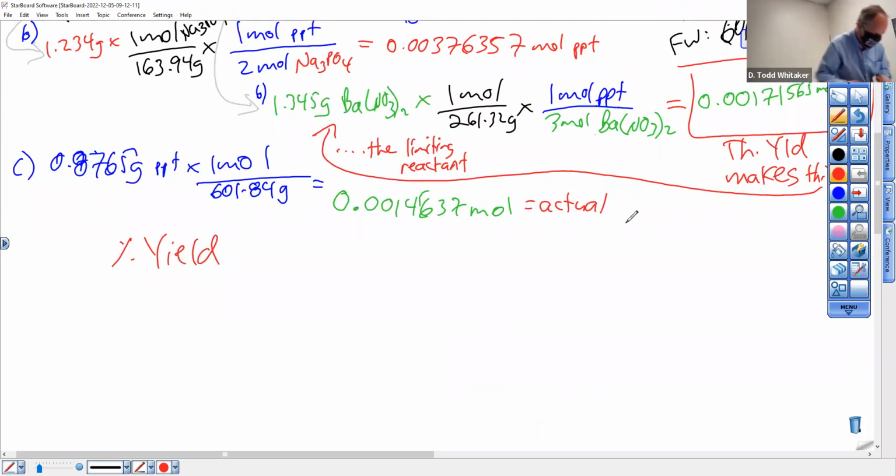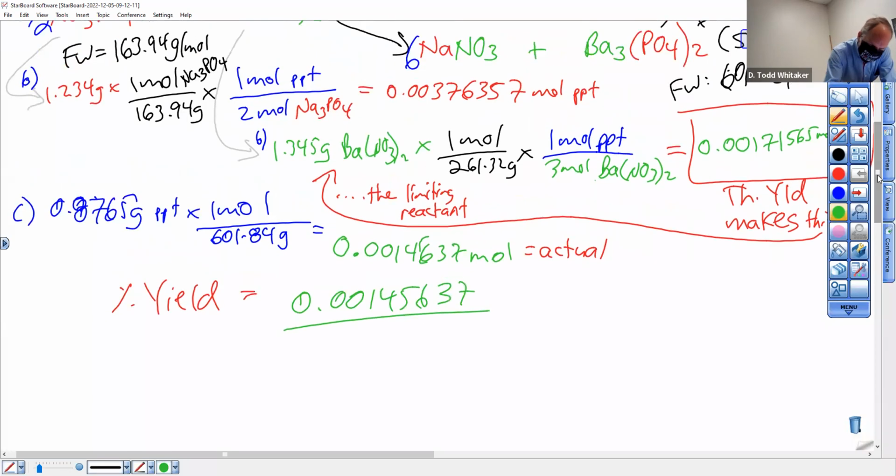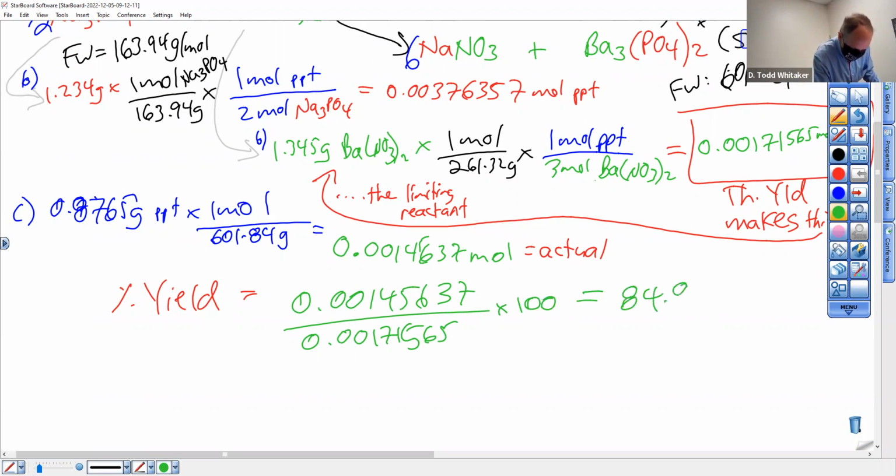Actual yield. 0.0014567 over... I can't even read the number anymore. 0.0017 1565 times 100. You got it for me? Excellent. That's a lot of points, this question.